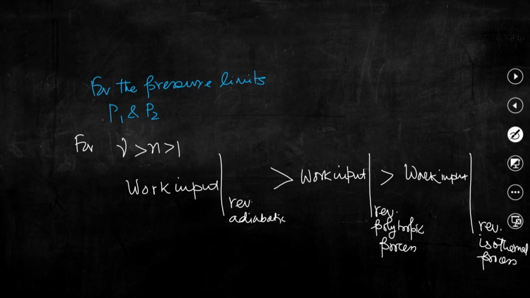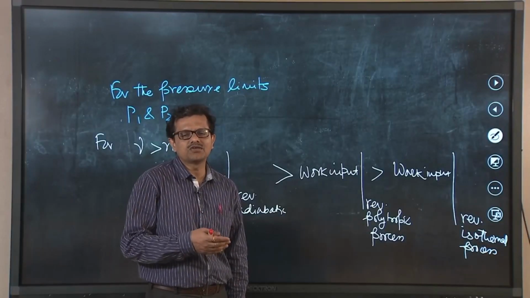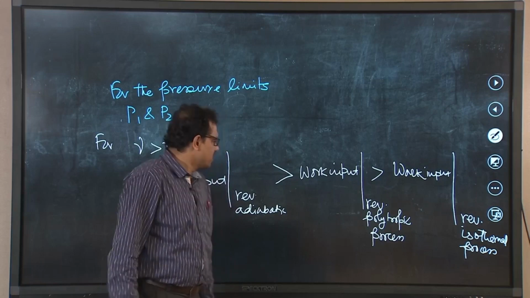So, this is basically what we can see without going into the mathematical calculation. Just from the graphical representation of the process lines in the PV plane, we can assess qualitatively the work that we need to supply to the compressor for the compression process. Okay.